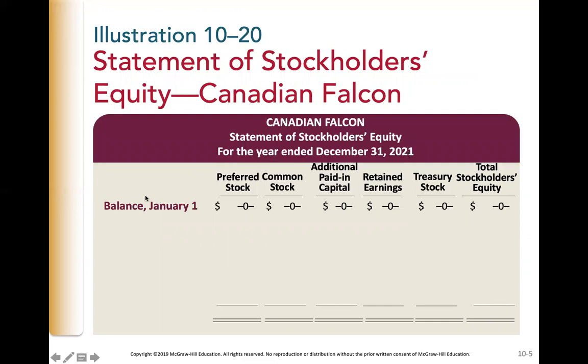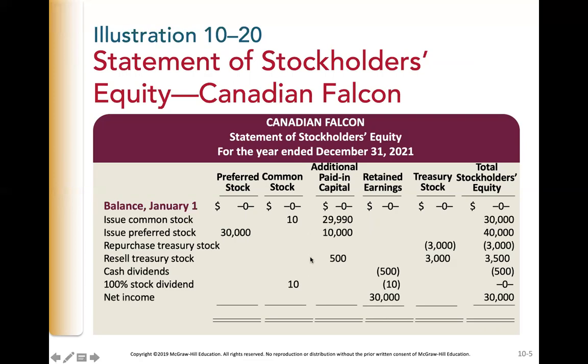So when we looked at this in previous chapters, we had the common stock account and we had the retained earnings account for total stockholders' equity. Now we've expanded that to have preferred stock, additional paid in capital, and treasury stock. Make sure when you're recording these things, you're putting them in the proper column. So in this example, the beginning balance on January 1st is 0 in all these accounts because it is the first year of operations.